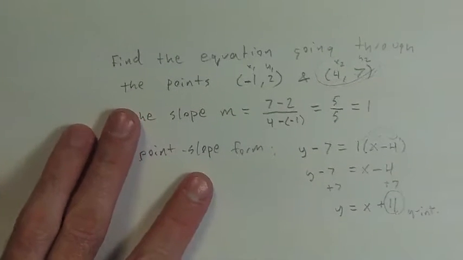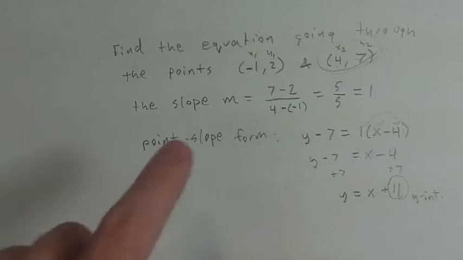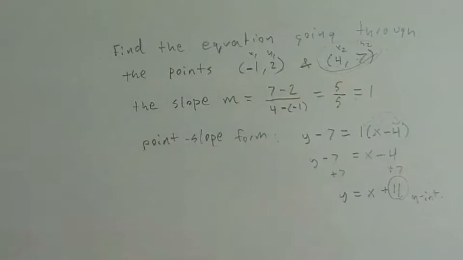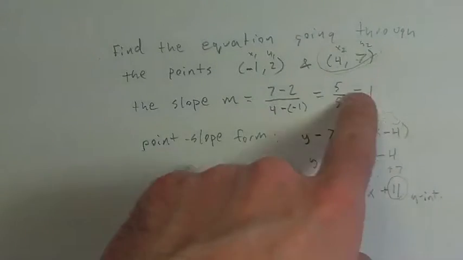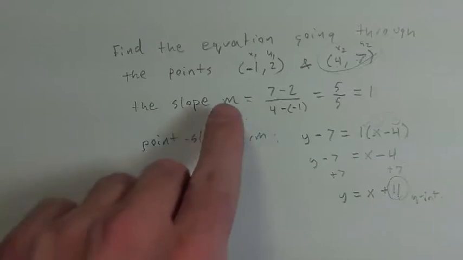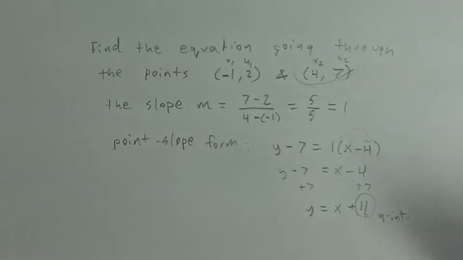Okay, now if we were going to graph this line, there are a myriad of different ways to do it. Last time we looked at starting at one of our points and using the slope to find the next one. We can do that. We could start at the y-intercept and use the slope to find the next one, or we could also use the 2 points we're given.